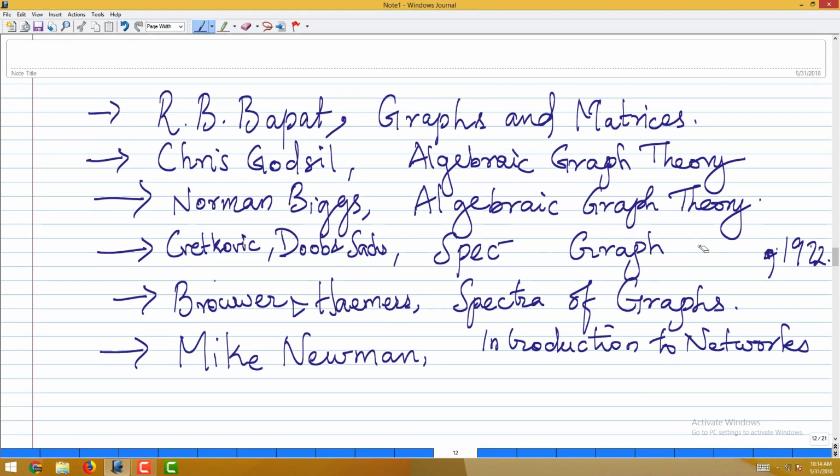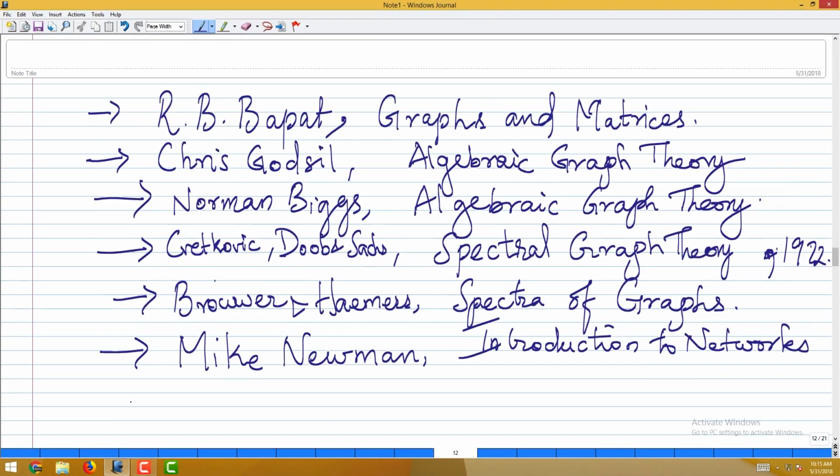Brouwer's is Spectra of Graphs, that I know. This one I was just doubtful whether it is Spectral Graph Theory or something else, so whatever it is. So, Introduction to Networks, and there are also other books from genome to social networks on network theory.